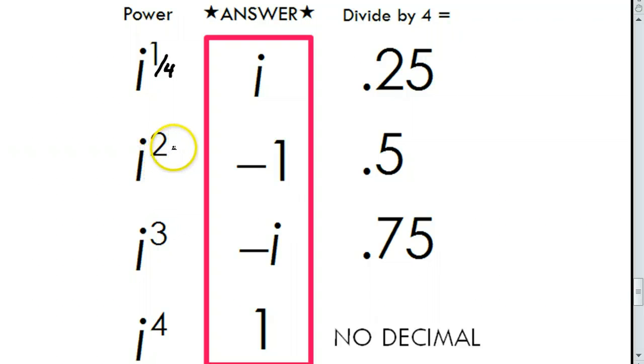If I take 2 and divide by 4, that's 1/2, or 0.5, so you're looking at -1. If you take 3 and divide it by 4, that's 3/4, which is 0.75, so that's -i. And if you take 4 divided by 4, that's 1 whole, no decimals at all.